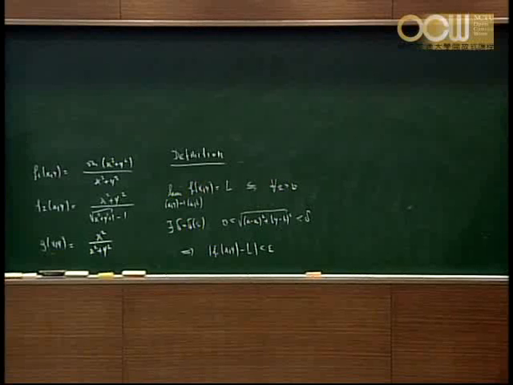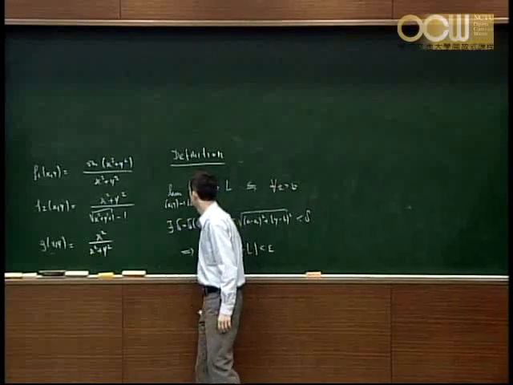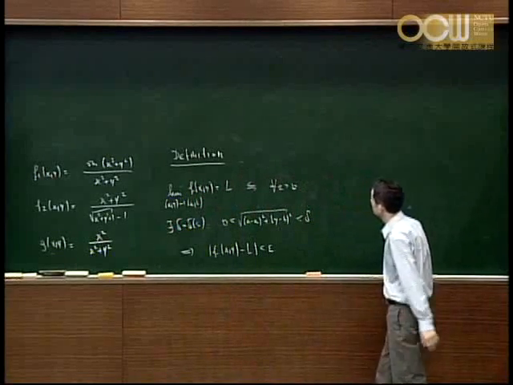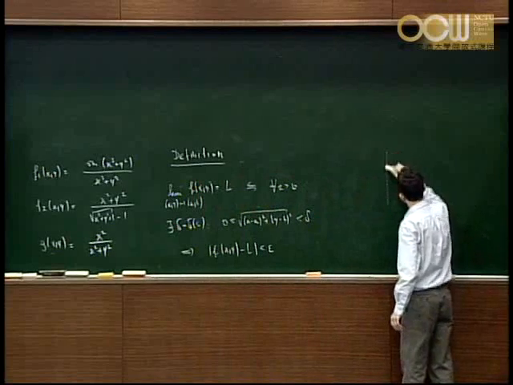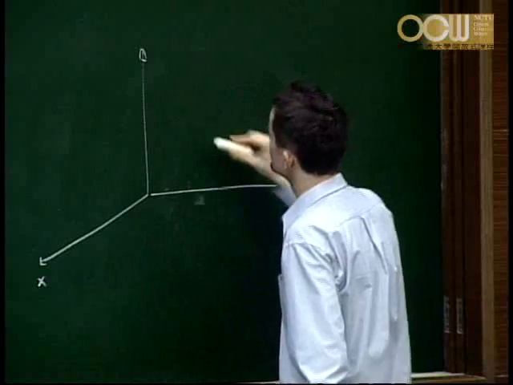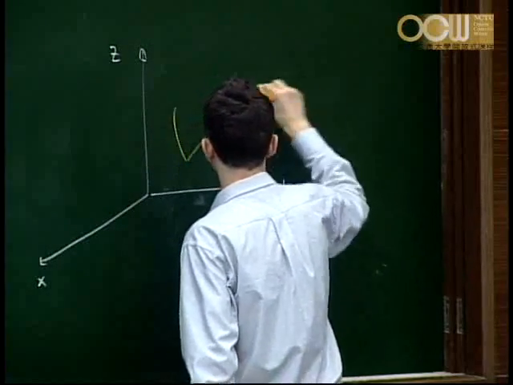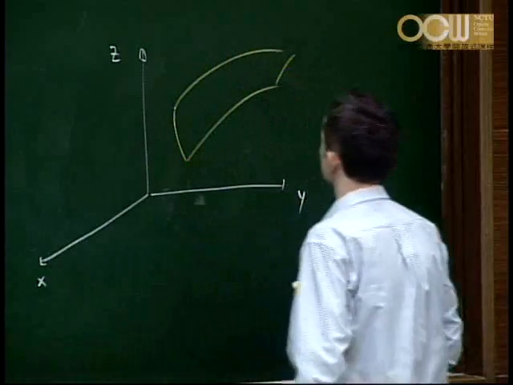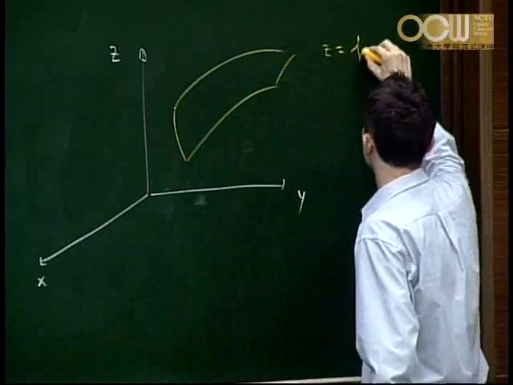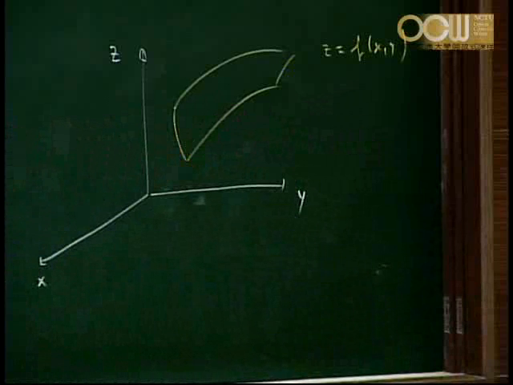Okay, so this is the definition. You see some graphical interpretations of this definition in our textbook. So, for instance, if this is the graph of the function, and let's also plot the domain.